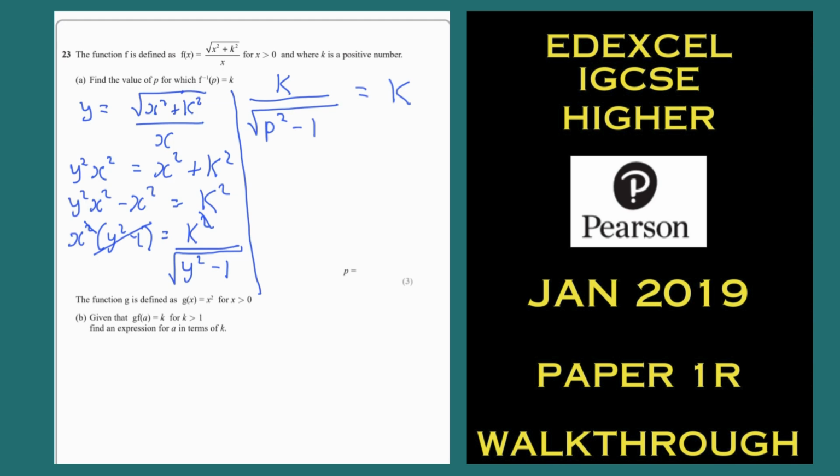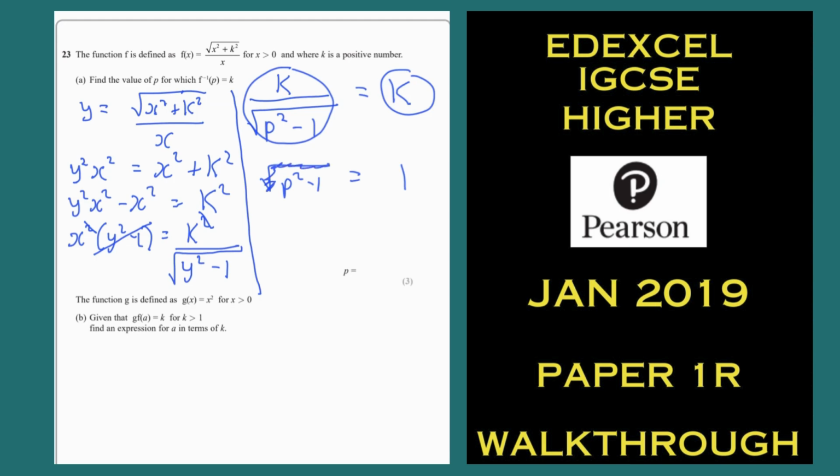And here's the logic. The only way that the left-hand side can equal the right-hand side is if it's k over 1. So this bottom must equal 1.